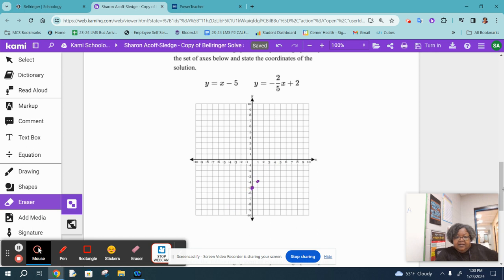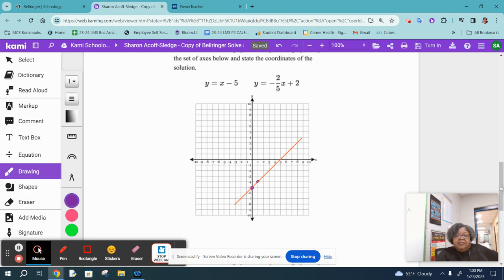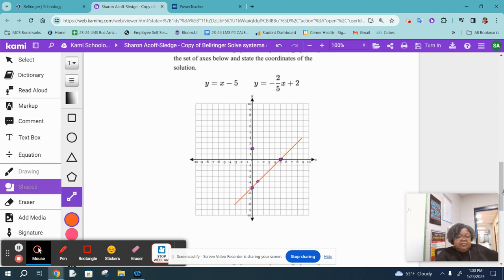I don't think I did that right. Okay, there we go. Now the next one, what is my y-intercept? 2, and my slope is -2/5, down 2/5.